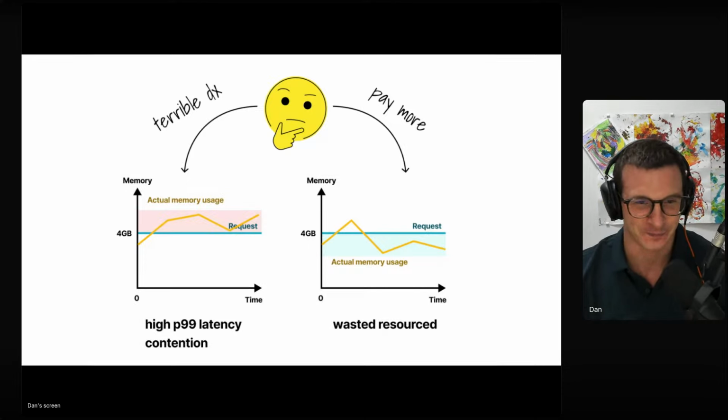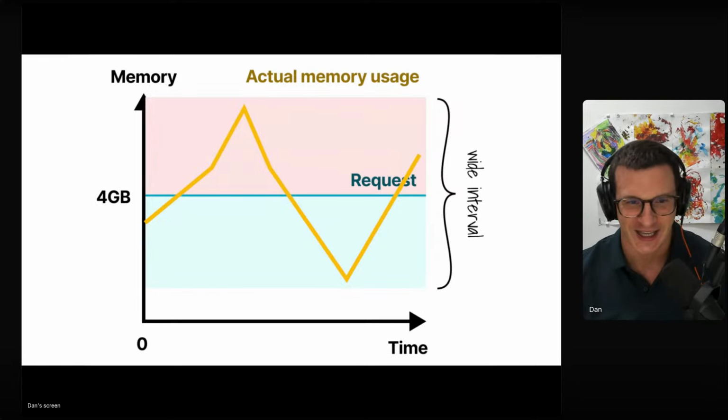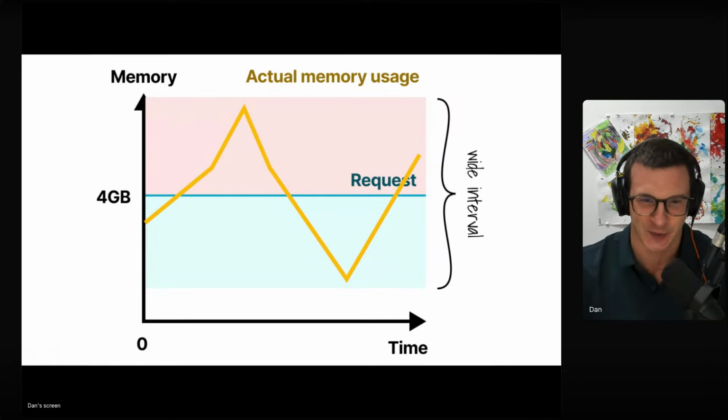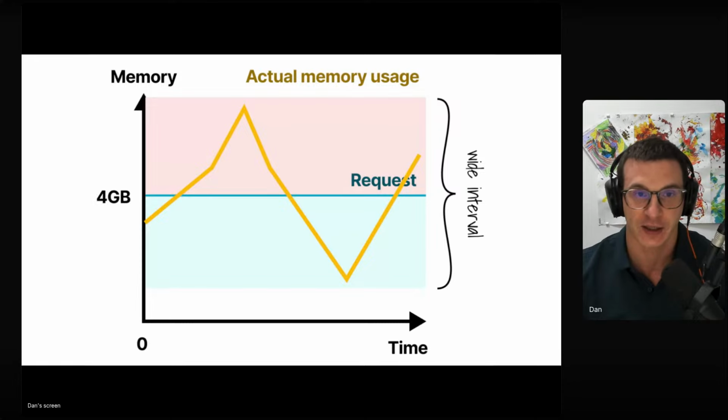Okay. Well, it turns out that it's even more complex than that, because it's not just that your application will be up all the time or down all the time. Your application will fluctuate between over the request and under the request. And it's not clear that it's going to be symmetric either.